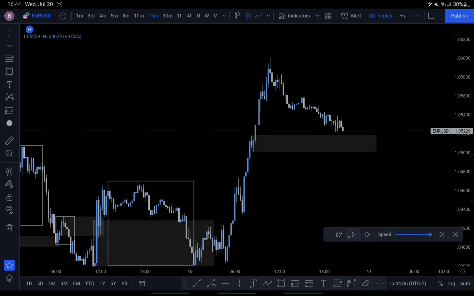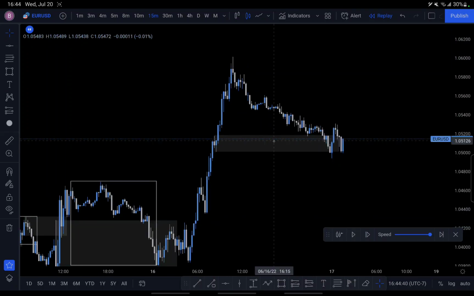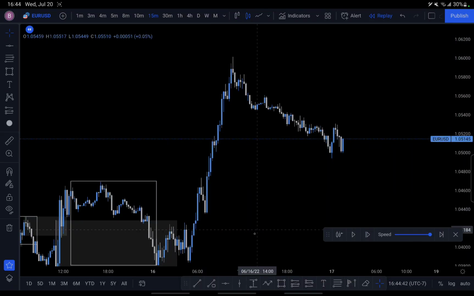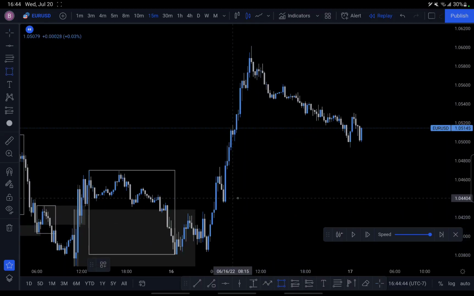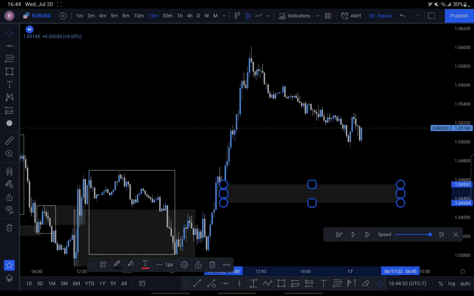And let's see. Okay, price breaks through this zone, which invalidates this zone. Our next zone would be here. Let's see if price wants to come this deep before going higher.